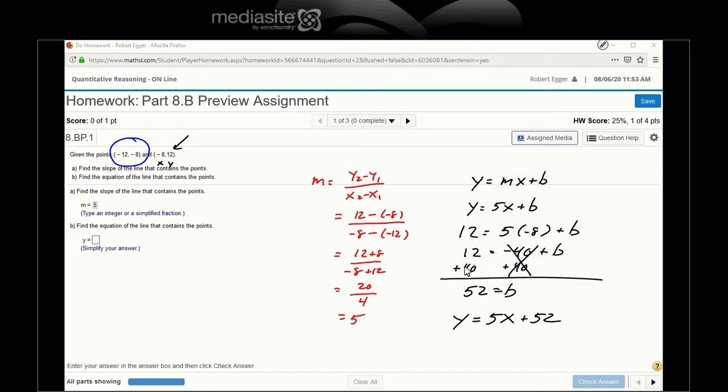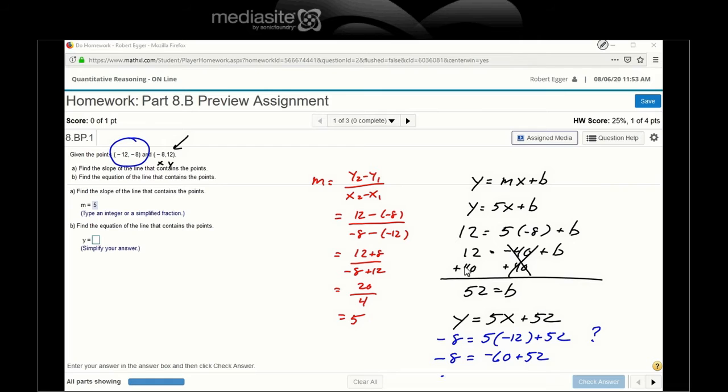But let's put those numbers in and see if it works. So y is minus 8 and x is minus 12. Is that true? Well, 5 times minus 12 is minus 60.